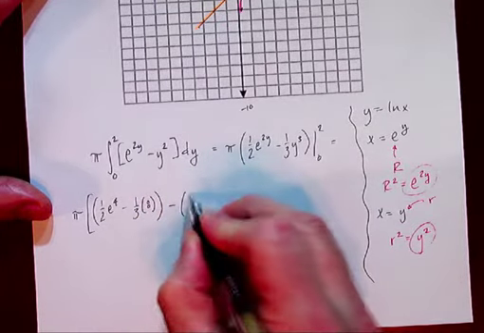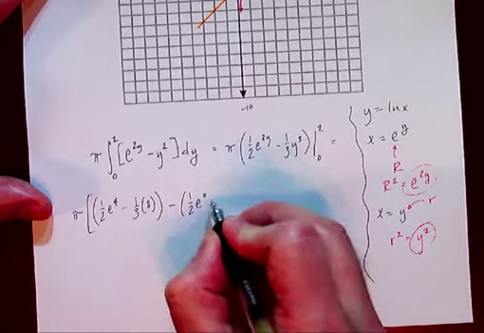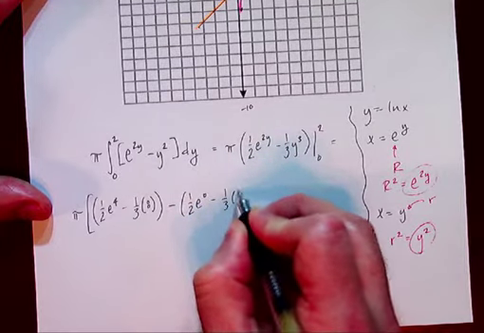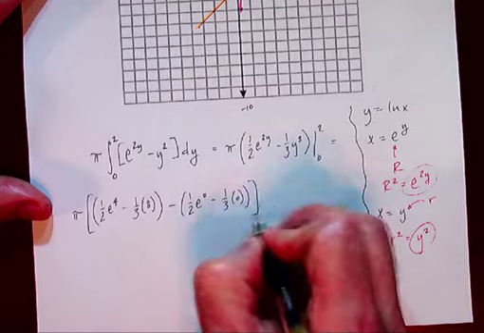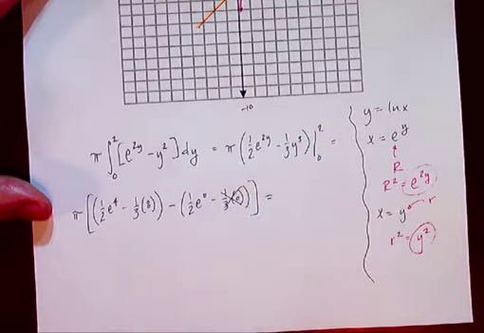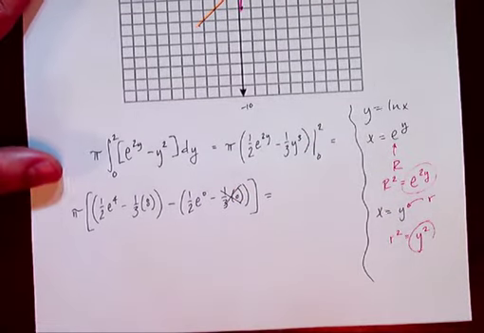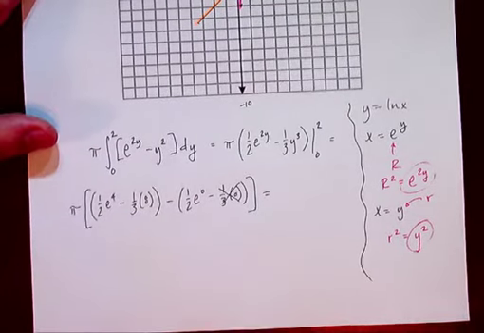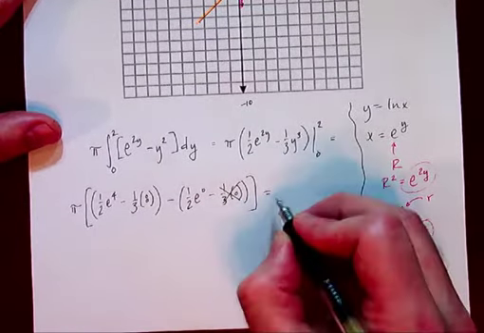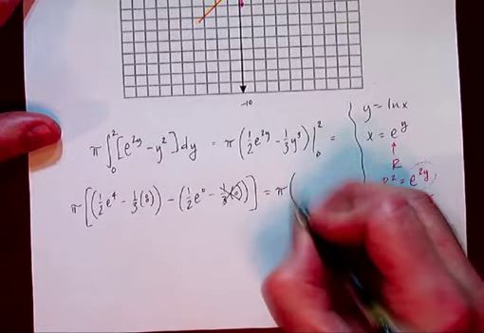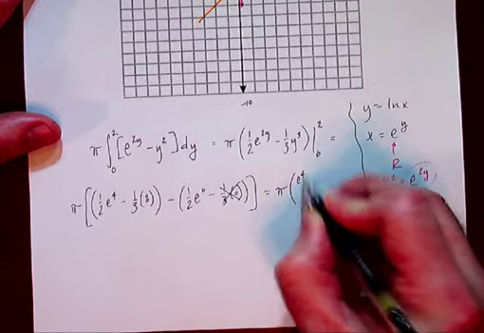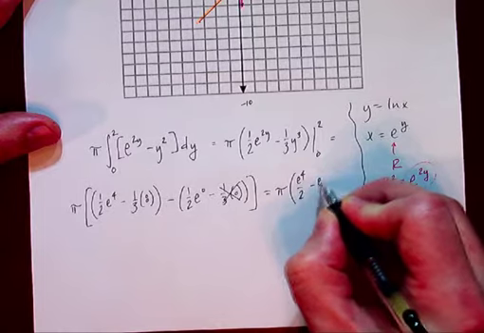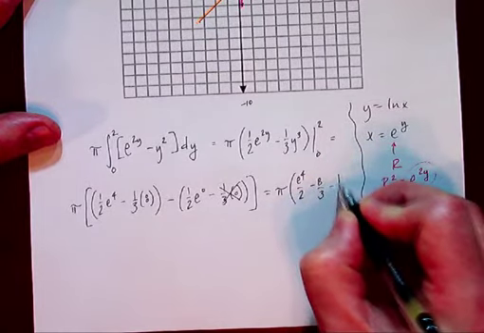Minus 1/2 e to the 0 minus 1/3 times 0. Okay, that term obviously goes bye-bye, but the rest of this actually needs to be reckoned with. And it winds up being pi times e to the 4th over 2 minus 8/3 minus 1/2.